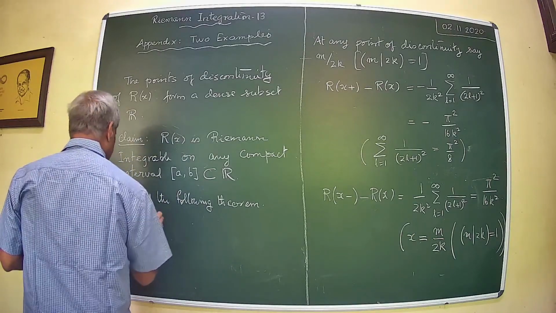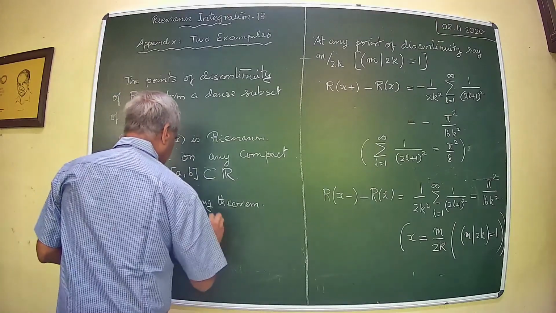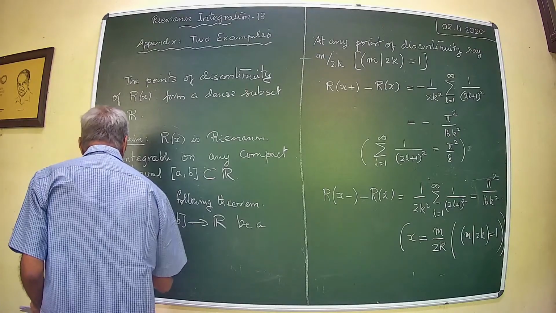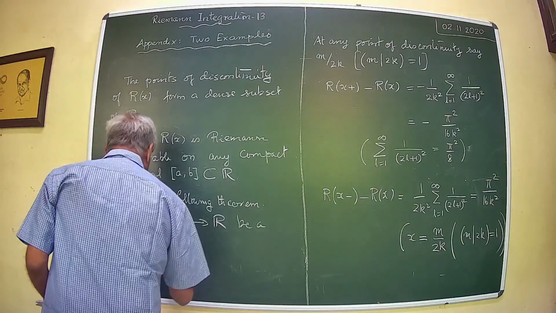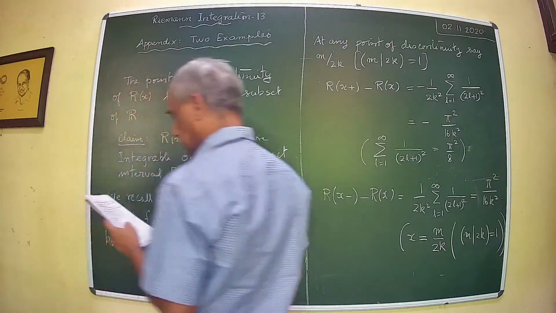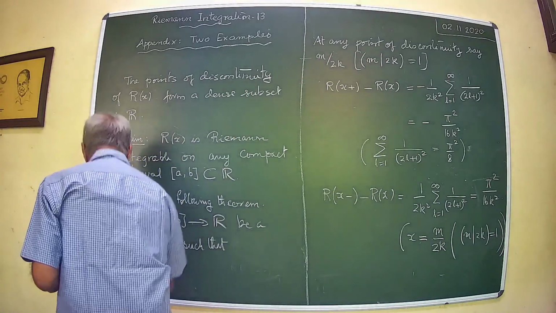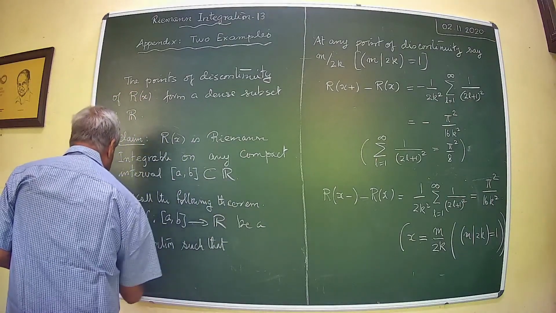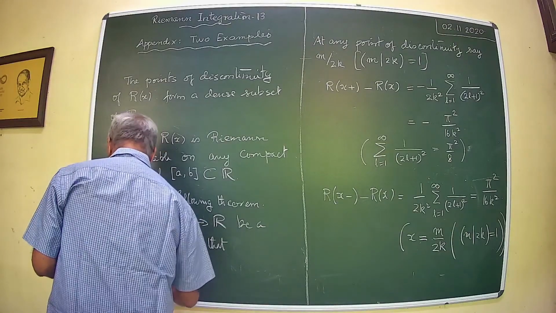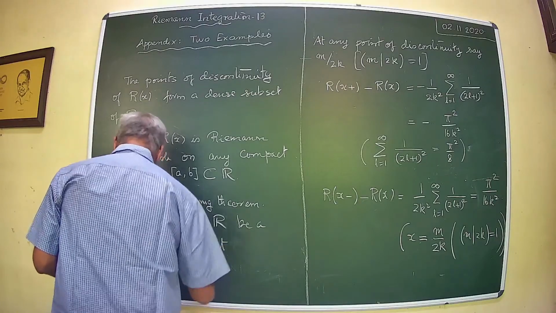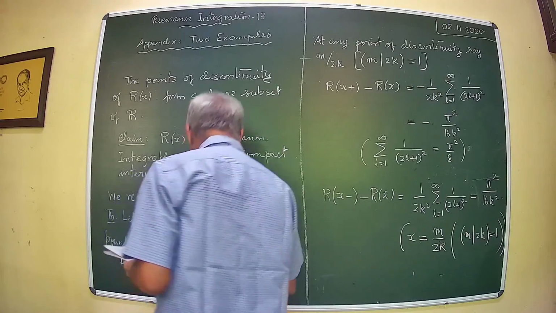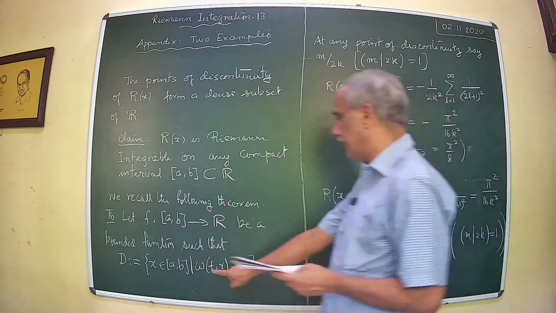Let f from [a,b] to R be a bounded function such that the set of points D, the set of discontinuities, we denoted by D. Omega f at x is the magnitude of discontinuity of f at the point x, and at all points of continuity omega f x is equal to 0.